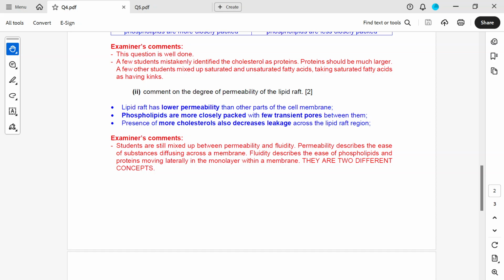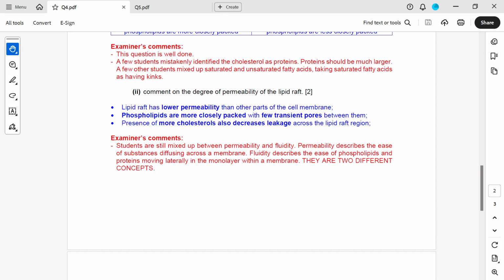And in the 2 LTs, I was trying to explain the differences between fluidity and permeability. They are related, but they are not the same. But here, again, when the question is about permeability, I keep seeing people talking about fluidity, how the phospholipids can move versus cannot move laterally. All those are not talking about permeability, right?